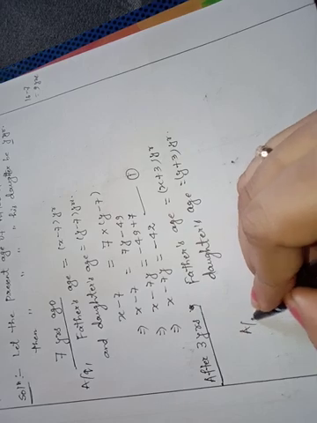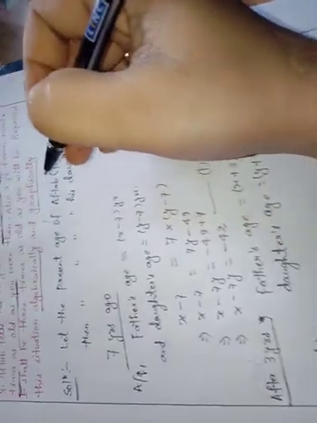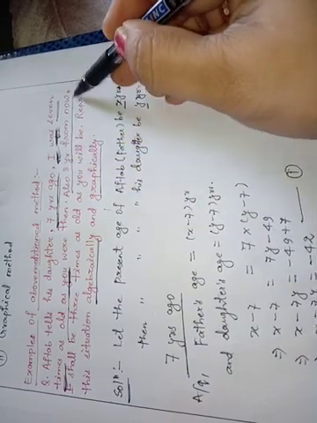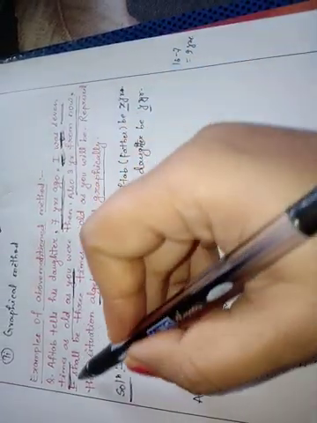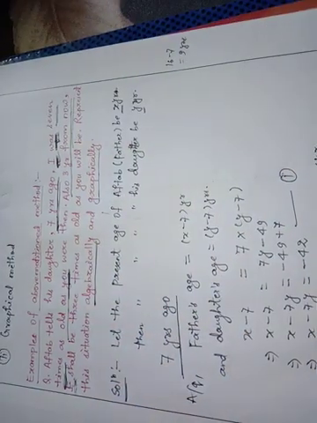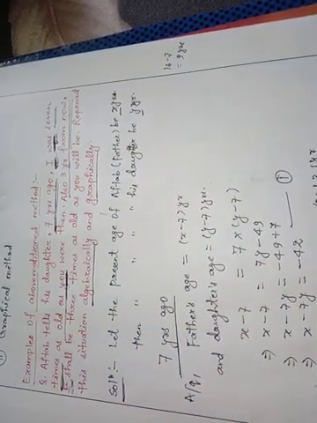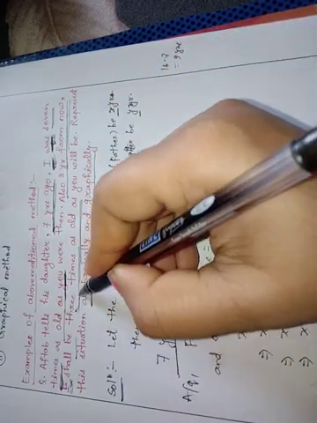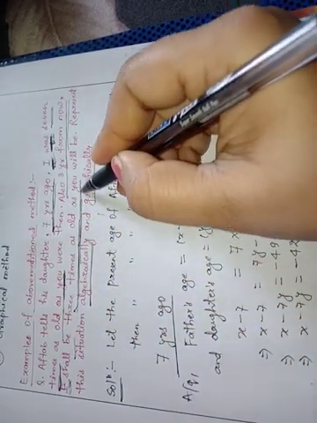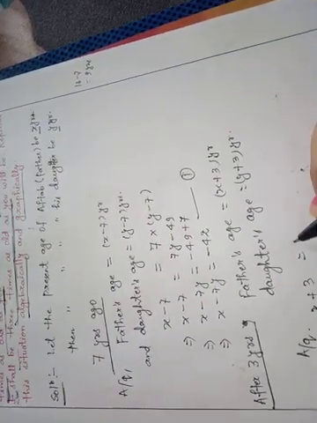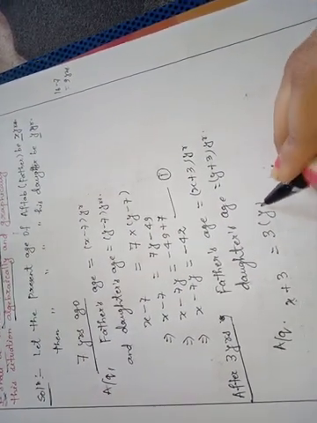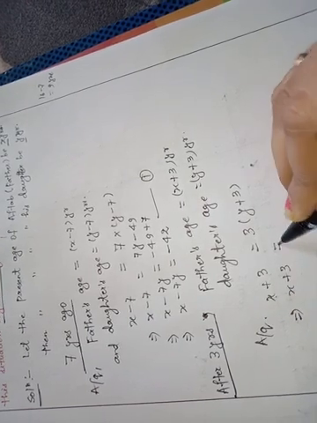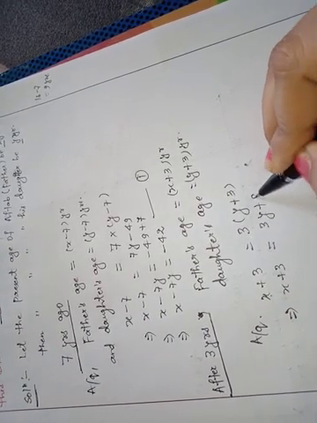So according to the question, 3 years from now means after 3 years, I shall be, I means Aftab, so x plus 3. I shall be 3 times as old as you. So multiply 3 by the daughter's age: 3 into y plus 3. So x plus 3 equals 3y plus 9.